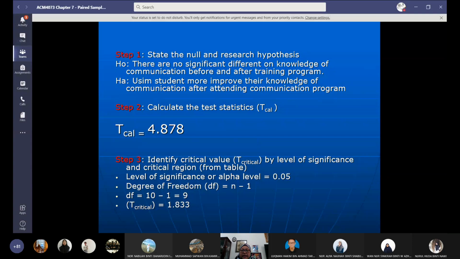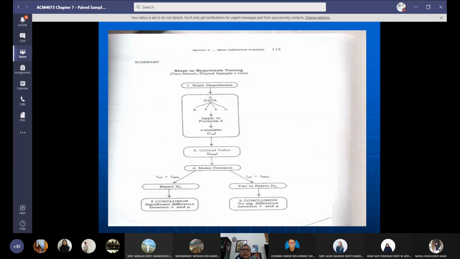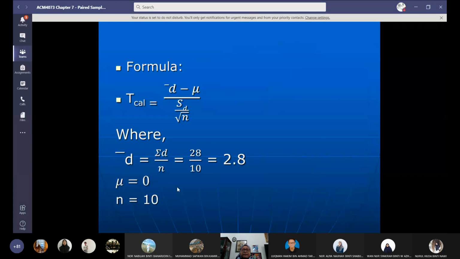So what does it mean? Remember, if the T calculation is more than the T critical value, we need to reject the null hypothesis. If the hypothesis says no differences between pre and post, now we have to reject.